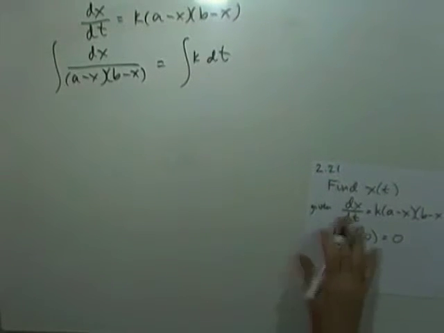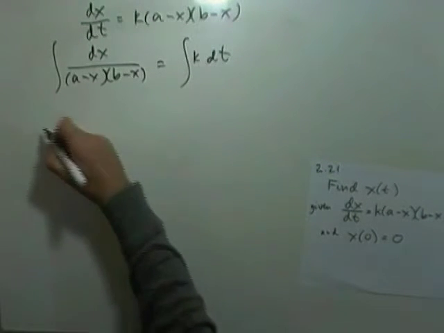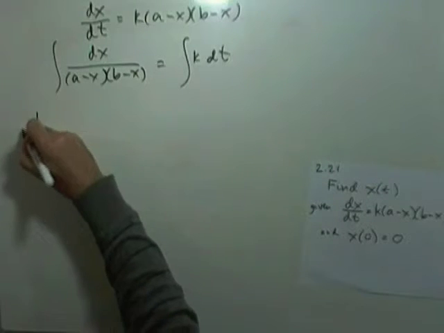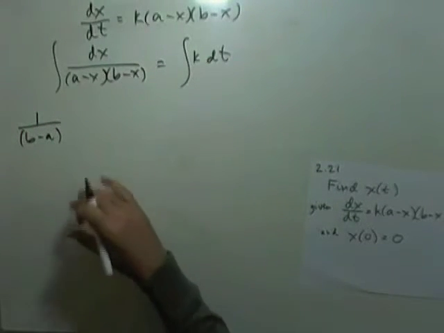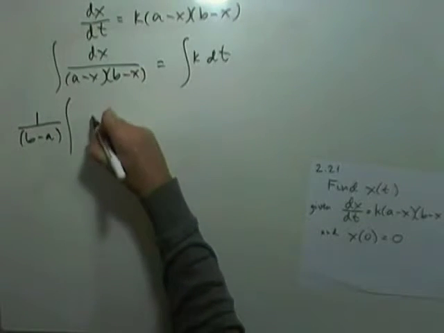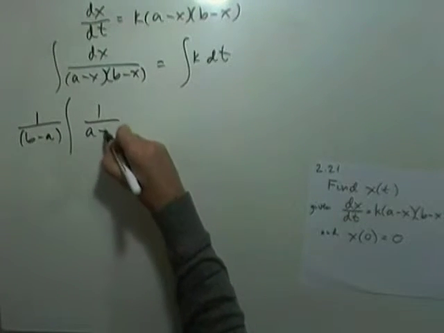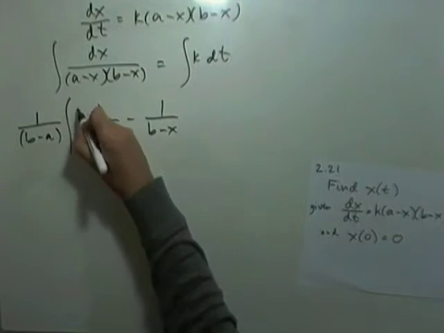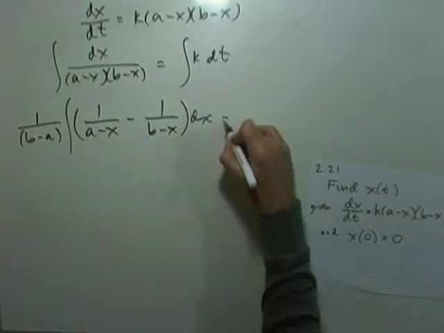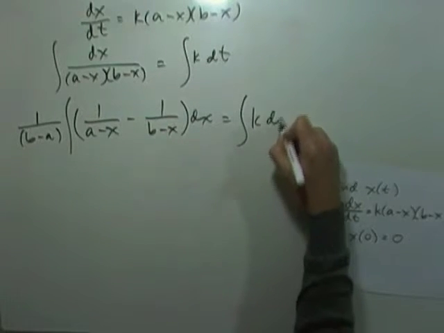Right, cleared the space there, so I can replace that with what I had before, which was 1 over B minus A, because that was a common factor, times the integral of 1 over A minus X minus 1 over B minus X dx equals integral of k dt.